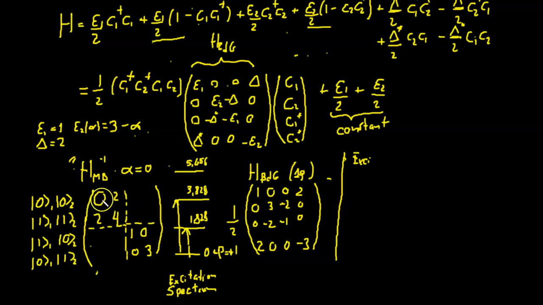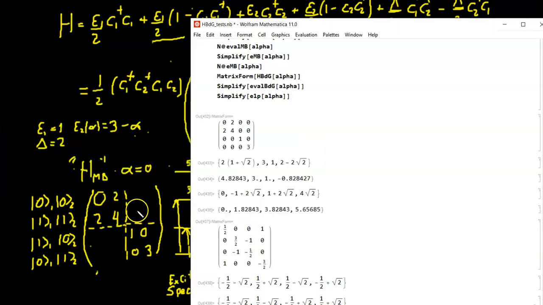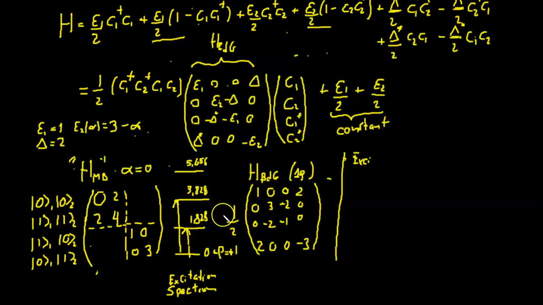Why? Because it's in this block. This is the ground state, right? Remember? So the ground state is this one, is in this block. The other two eigenvalues of this block are 1 and 3. They're the middle ones, so it's 1.82, 3.82. These have parity equals -1. But the ground state and the most excited state each have parity equals +1, right? This one and that one. And this is parity equals -1, -1.